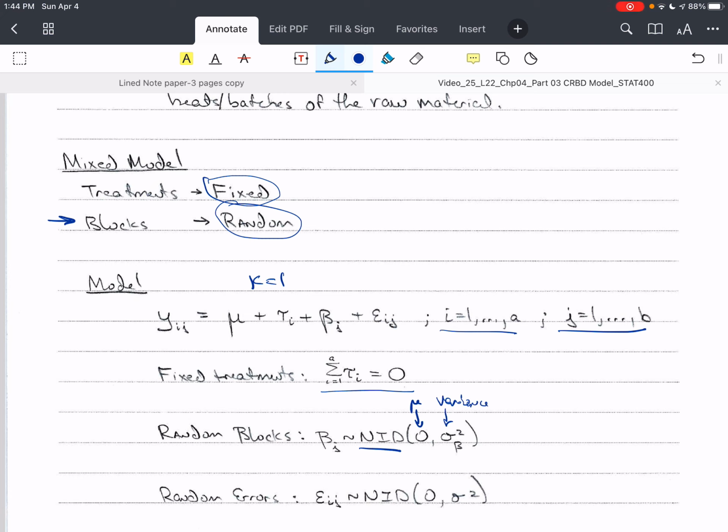And in all models, the errors are random, and they are independent, and normally and identically distributed with a mean of 0 and a variance of sigma squared. Okay?